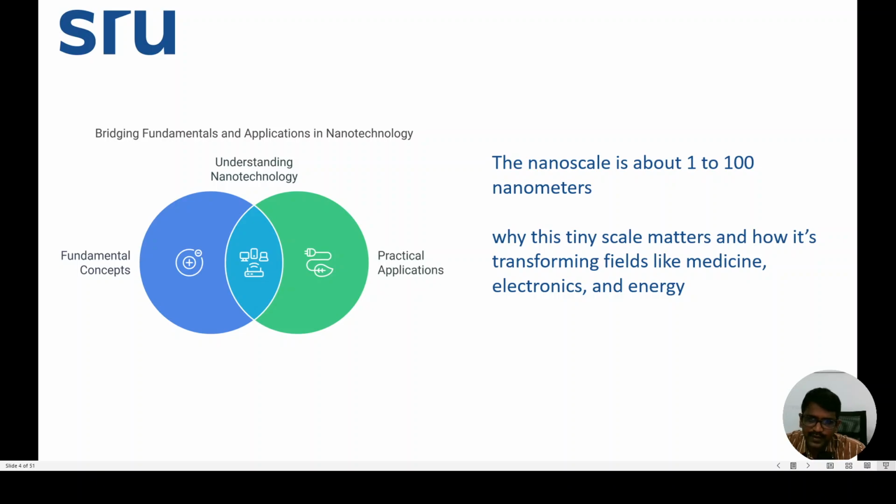When you decrease the size of objects, automatically most of the properties will change. In this nanotechnology lecture series, we will see what happens when we scale down a material to a very tiny size.